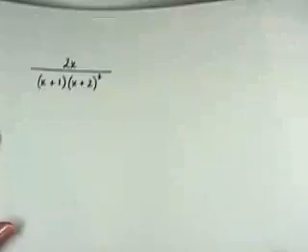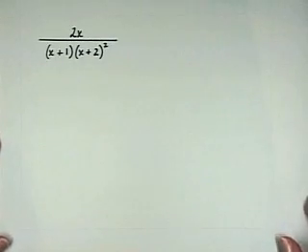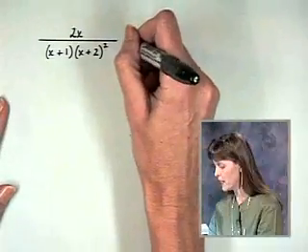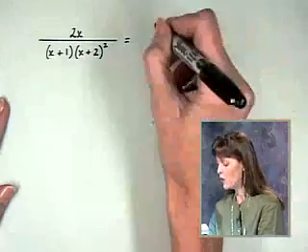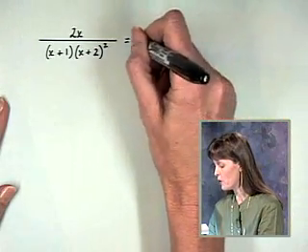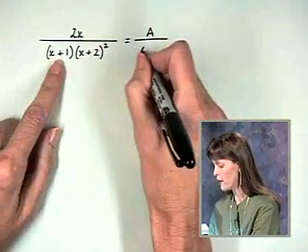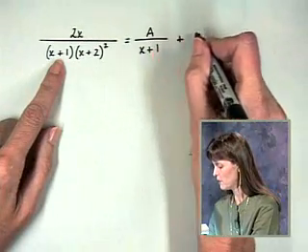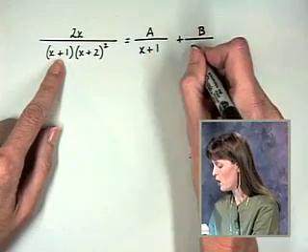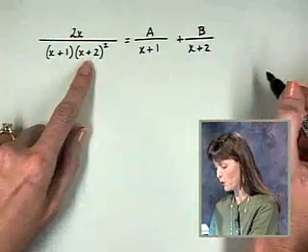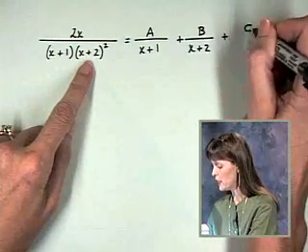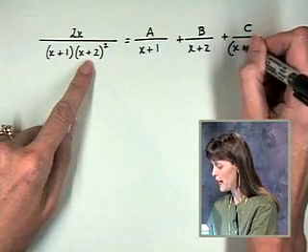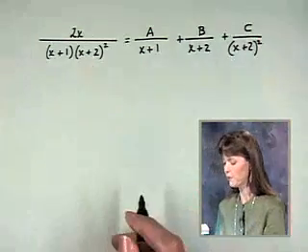Now, what that means to us in our example is that we're going to have at the outset the following setup. We will have a constant value over the first linear factor, x plus 1, plus a constant value over x plus 2 to the first power, and we'll also need a constant value over x plus 2 squared.